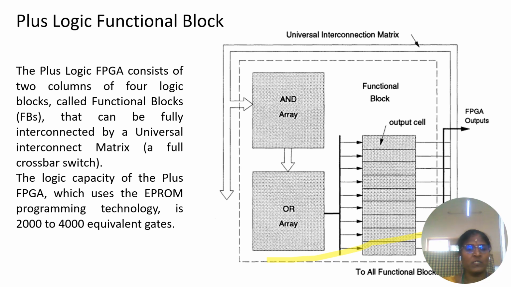The logic capacity of the PLUS FPGA, which uses the EEPROM programming technology, is 2000 to 4000 equivalent gates. It has the functional block and an output cell, so you will get the FPGA outputs here. So this is the total universal interconnection matrix.